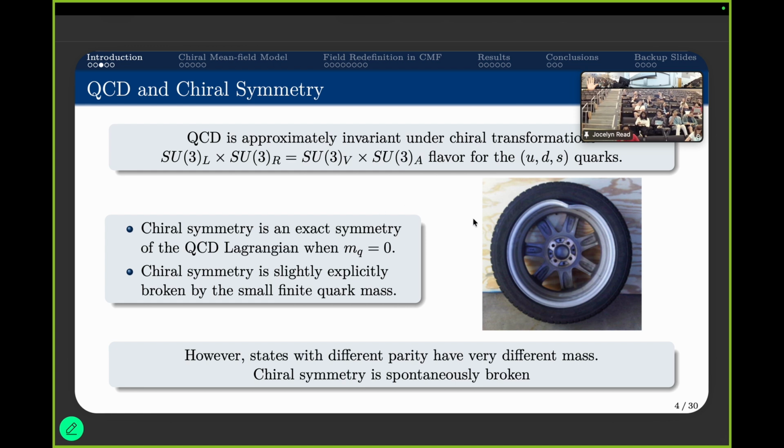Chiral symmetry is an exact symmetry when we take the mass of quarks to 0, but in reality it is slightly broken due to the small finite quark mass. We observe that states with different parity have different masses in nature, for example pi and sigma, and we also observe that chiral symmetry is spontaneously broken.